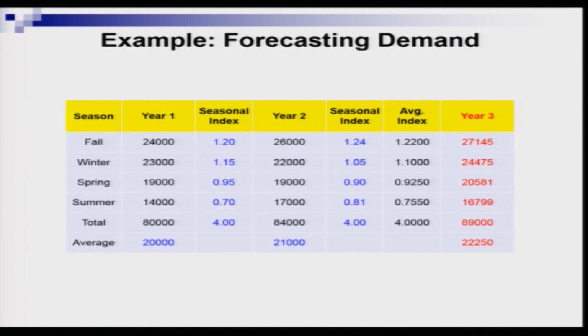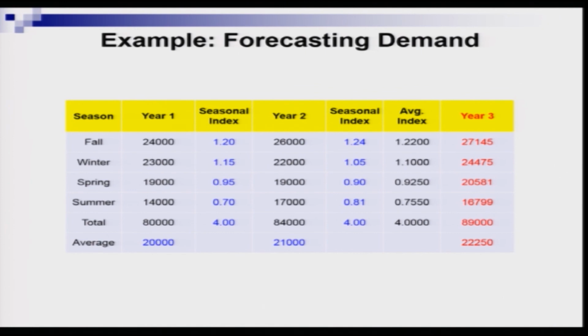You see the total for year 1 is 80,000 and the total for year 2 is 84,000. So the first step would be to divide this total by the different quarters. There are 4 quarters here, so you get an average demand per quarter of 20,000.